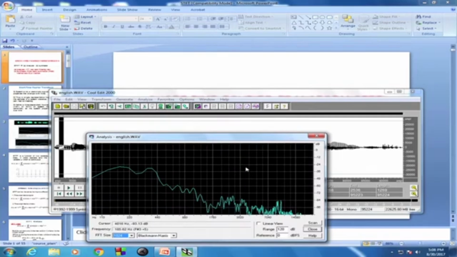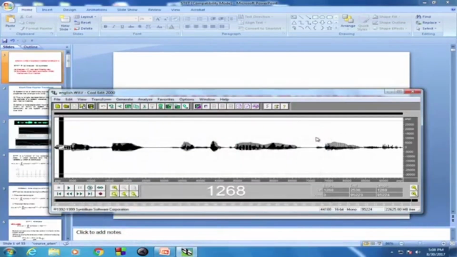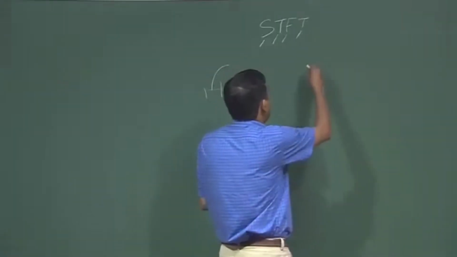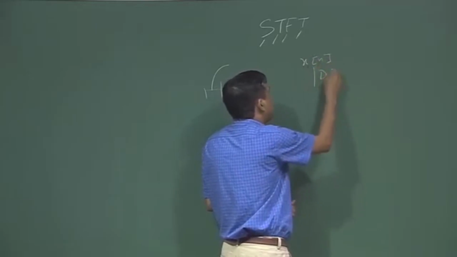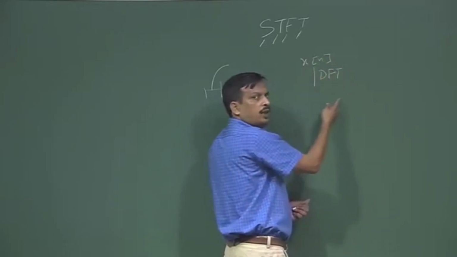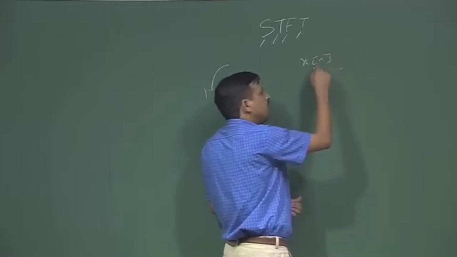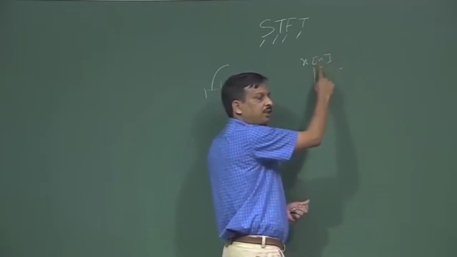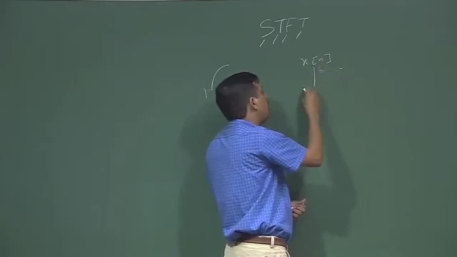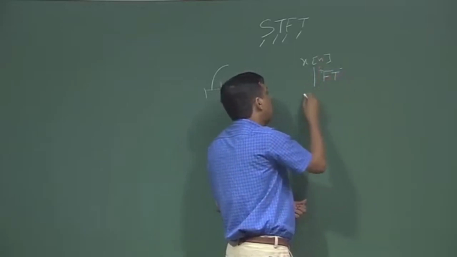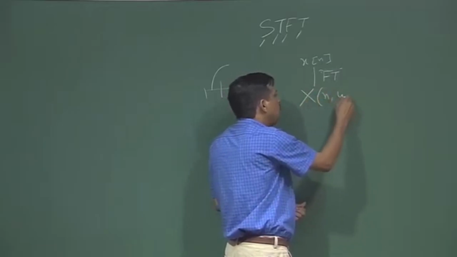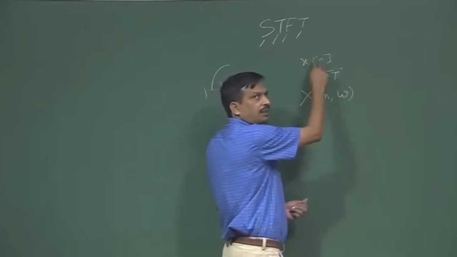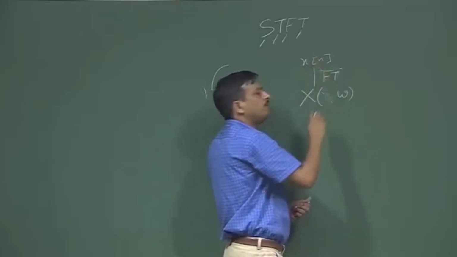Okay. As you know in the recap, what frequency analysis are we doing? If x n is my time domain signal, and I take the Fourier transform, then the signal domain is discrete, but the frequency domain will be continuous. So, if I take the Fourier transform, what do I get? I get X of e to the j omega, or if it is a single frame signal, let us say X omega.